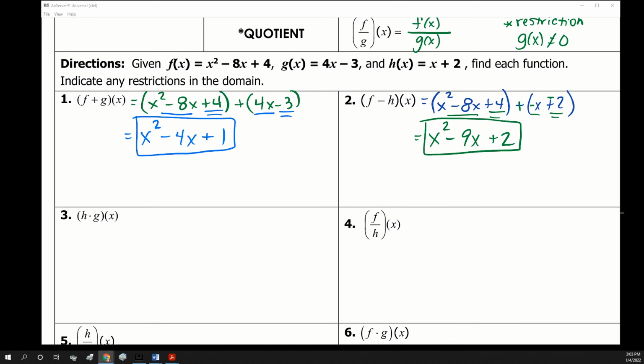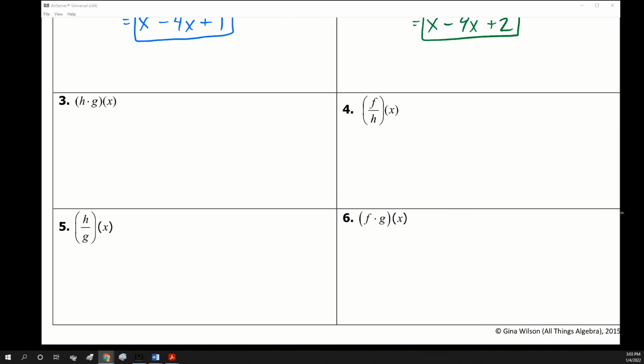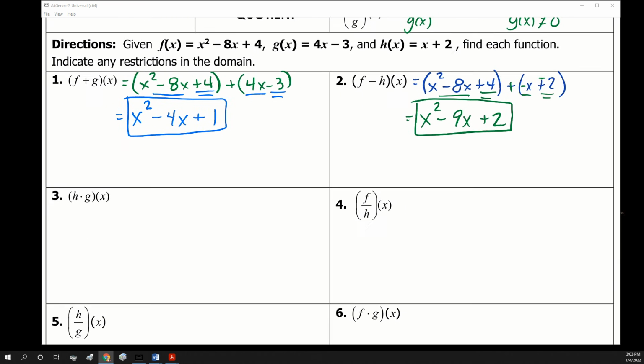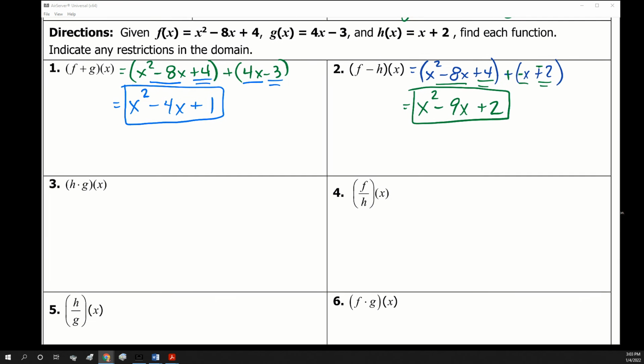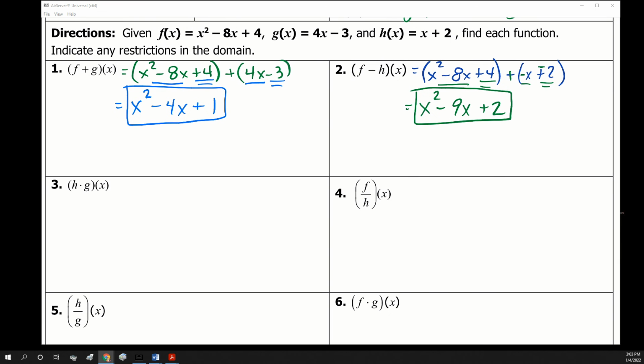All right, let's do some multiplication. On number 3, they want us to multiply h and g together. So h is x plus 2. G is 4x minus 3.